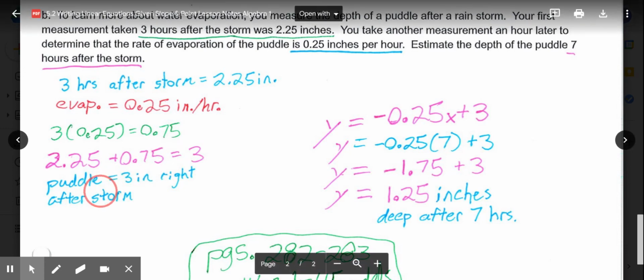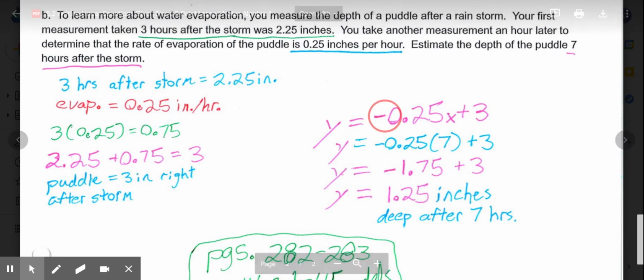And that would be our y-intercept, or our b. So in that case, our equation would be y = -0.25x, because that water is evaporating or going away, plus 3 because 3 inches was the original depth of the puddle.